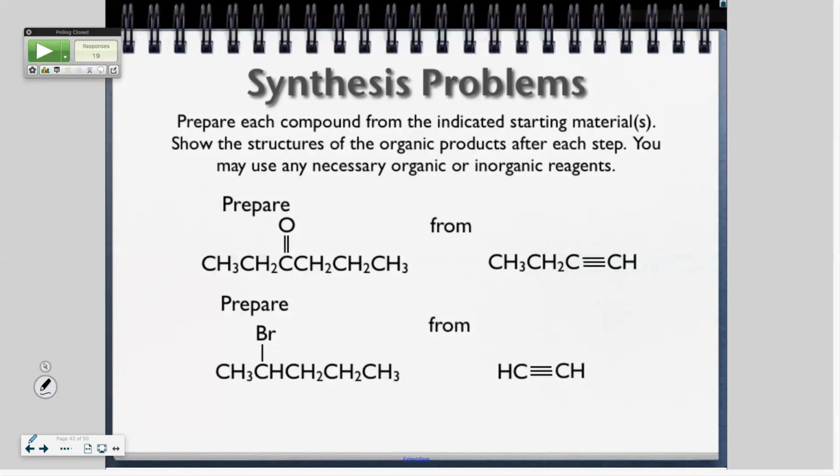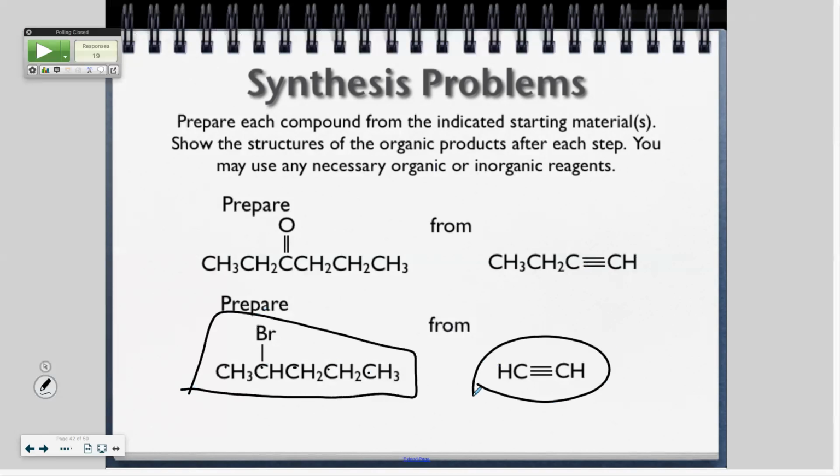Okay, so we're going to make this 1, 2, 3, 4, 5 from that acetylene. Okay, 2-bromopentane from acetylene.